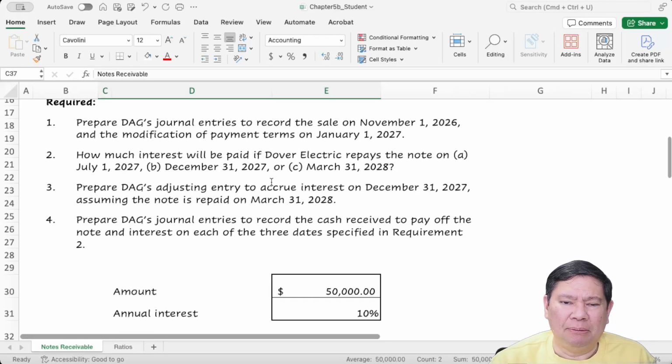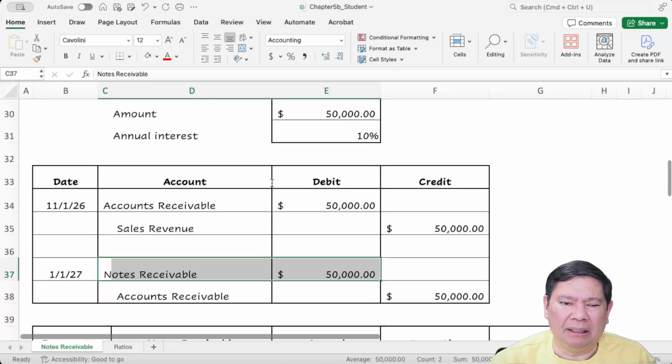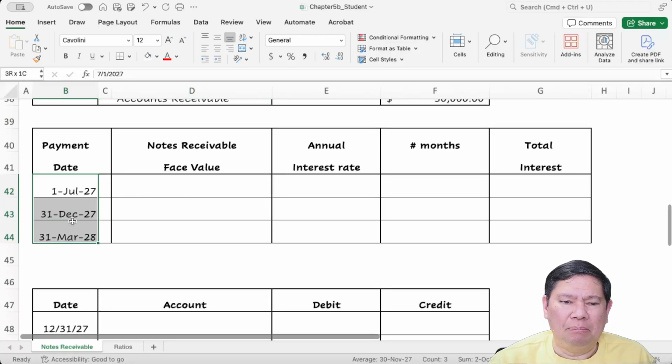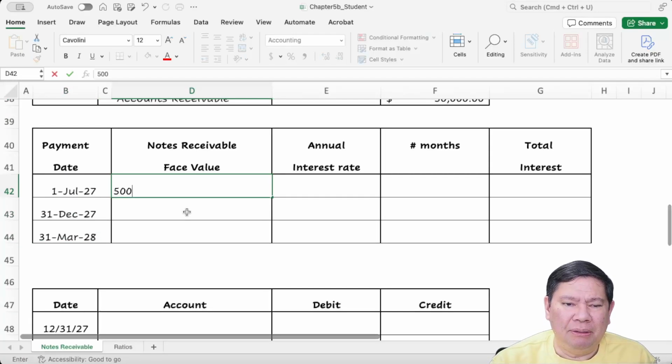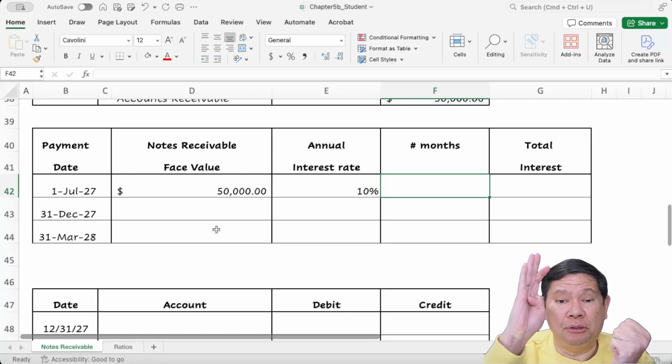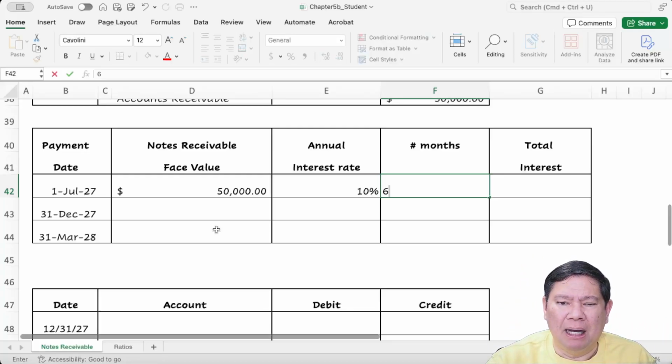Okay, and then how much interest will be paid if Dover Electric repays the note on July 1st, 2027, December 31st, 2027, and March 31st, 2028. So there are three different dates. The amount will be $50,000. Annual interest rate is 10%. From January 1st through July 1st is January, February, March, April, May, June. So that's 6 months.